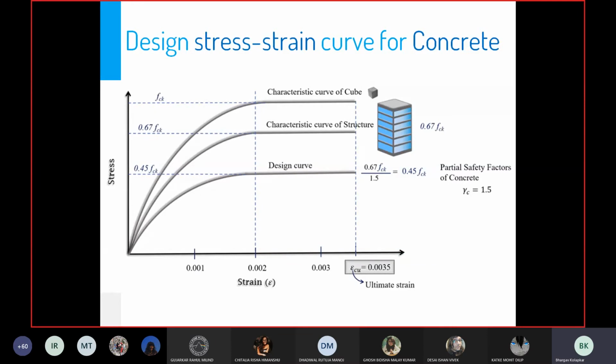Now, just to give you a simple example, in India we use concrete cubes, and in the United States they use concrete cylinders.